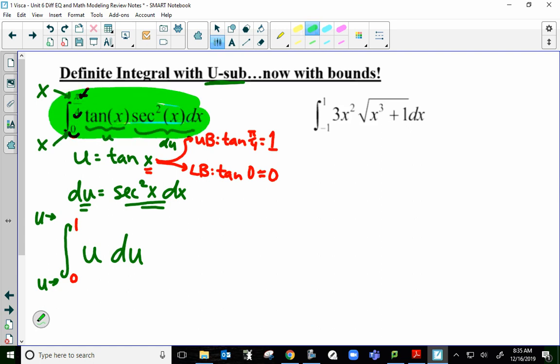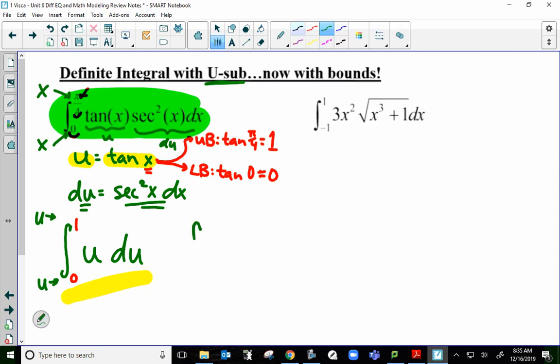And they will literally tell you, okay, if I use tan of x for U sub, what will my integration look like? Not what will the answer look like, what will the integration look like? And it'll be multiple choice. One of them will look just like this, what we wrote here.